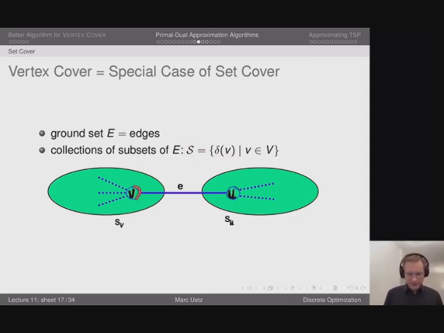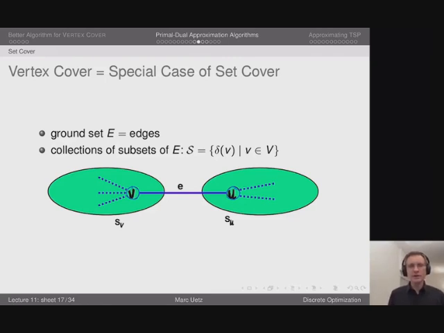So if I select the vertex V in the vertex cover problem, in the set cover terminology, that would mean that I select the corresponding edges incident with the vertex V. And then you see immediately that indeed the vertex cover problem is a special case of the set cover problem.